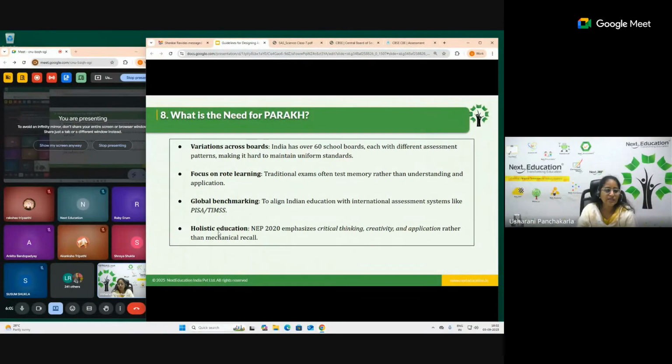The second one: when he starts his own clinic or works in a hospital and performs surgery, he is implementing whatever he has learned in the textbook. So he is mastering his skills. That is what we call the psychomotor domain.